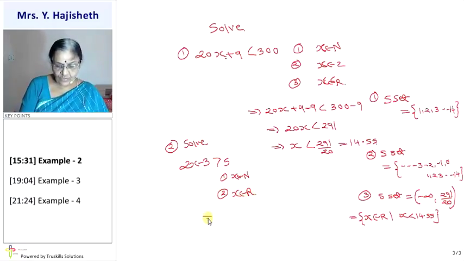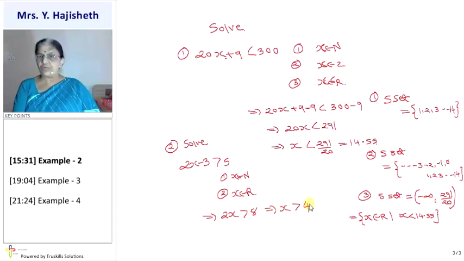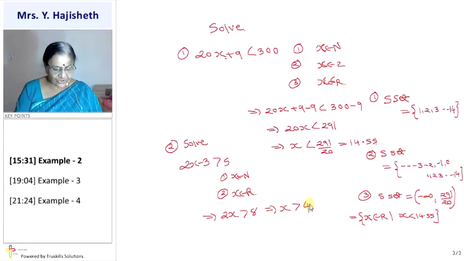It is 2x greater than 8. So it implies x greater than 4. 2 is positive, so I divide both sides by 2. So I am getting my solution set as x greater than 4. But my restriction is given, x belongs to N.